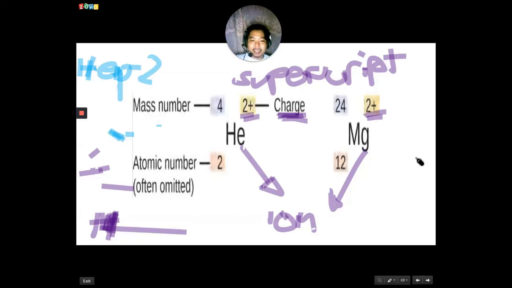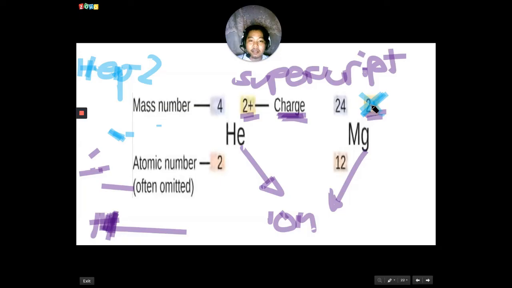Si magnesium naman, so para mas malinaw, dito tayo kay magnesium. I learned that the atomic number is 12. And I also learned that in a neutral atom, if I'm going to cover this one, si 12 ko will tell me there are 12 protons and 12 electrons.